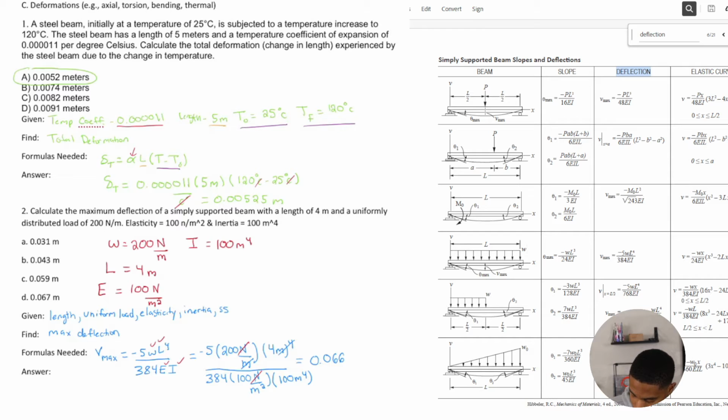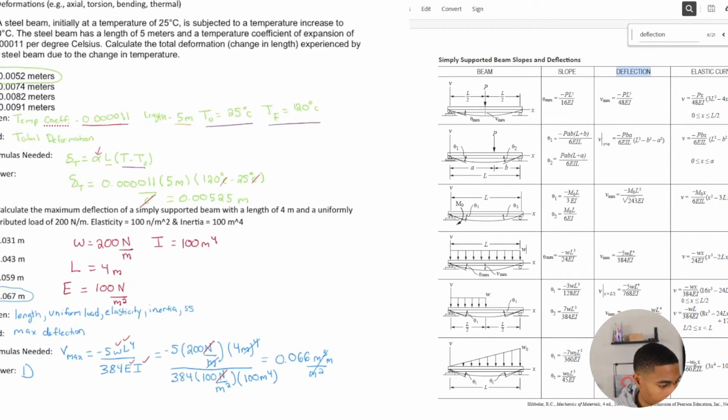So you have on top meters cubed, and on bottom meters squared. It's going to cancel to just be meters. So we have 0.066 meters, or 0.067 in this case for the answer, rounds up to D.